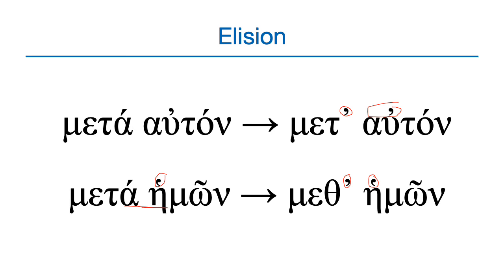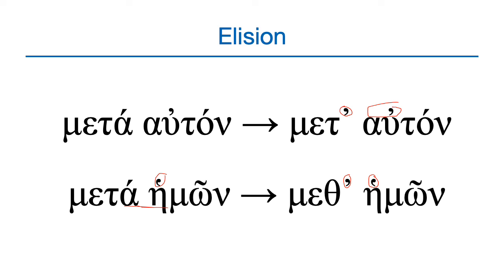So that is called elision. Meta auton becomes met auton. But why did the tau not become a theta? We need to figure that out, so see if you can figure that out before me. Then meta hemon becomes meth hemon.